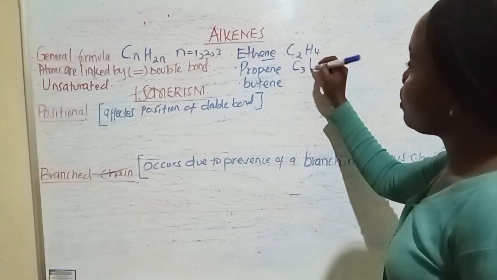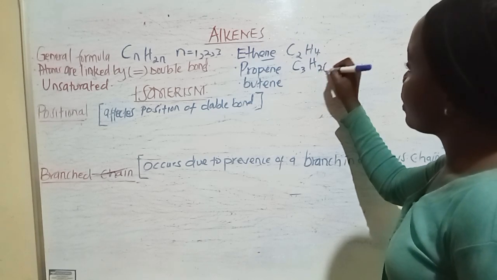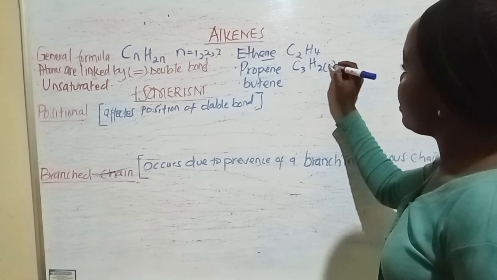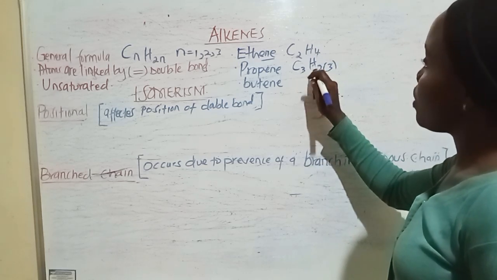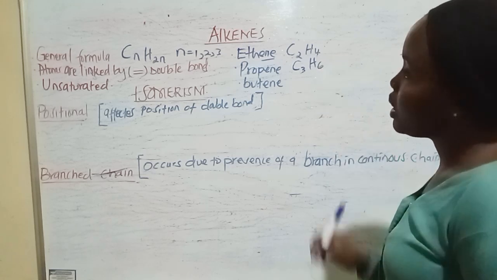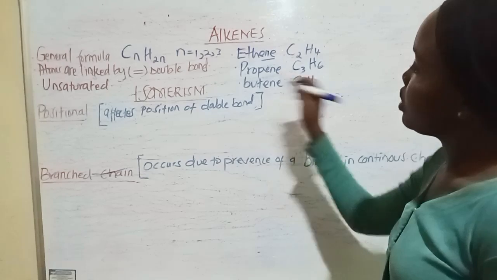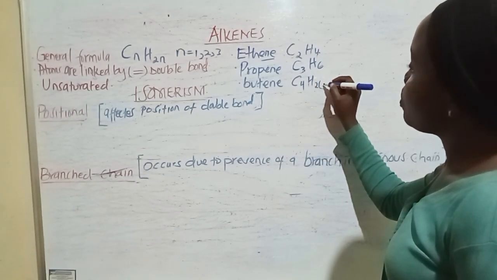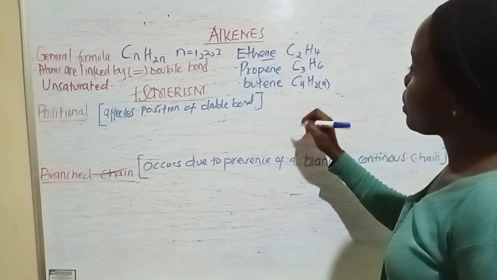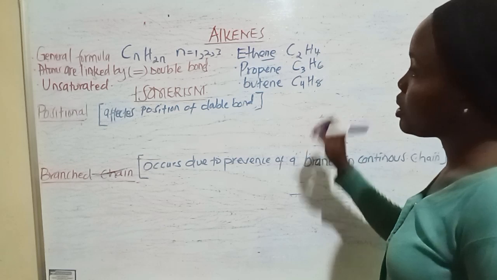And then H is going to be 2 times n, which is 3, so 2 times 3 giving you 6. So your propene is going to be C3H6. Butene, on the other hand, is going to be C4, H2n, and our n is 4, meaning 2 times 4 is 8. So our butene is going to be C4H8.